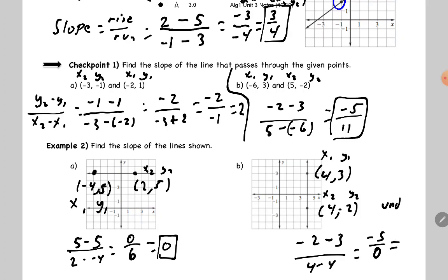So this is an undefined slope, because we cannot divide by 0. If the steepest cliff, where it just drops vertically, that is an undefined slope. So horizontal slopes are 0, flat surface, 0 slope, and then a vertical drop, that's an undefined slope.